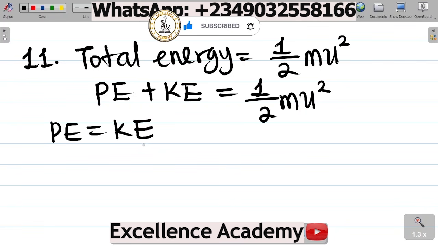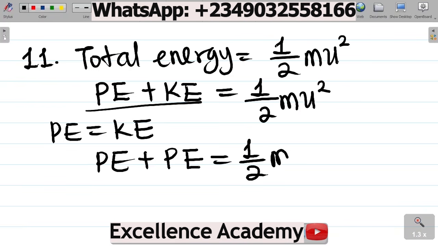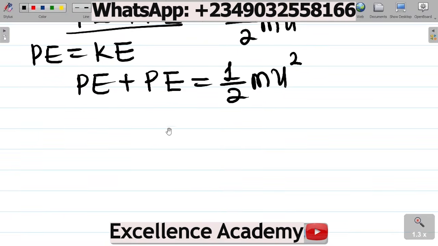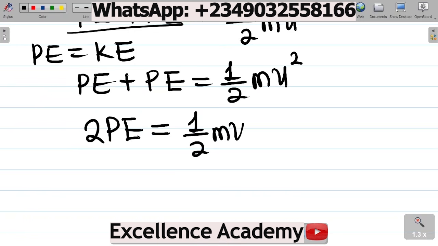So potential energy plus kinetic energy is the same as potential energy plus potential energy, equal to half mu squared. If potential energy adds with potential energy, this becomes 2 PE, so PE plus PE is equal to 2 PE, equal to half mu squared. To get the value of potential energy, I'll multiply here by 1 over 2.